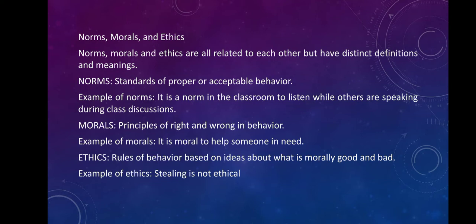The example here is, it is a norm in the classroom to listen while others are speaking during a class discussion. For example, let's assume there is a debate taking place in the class. Usually there will be a lecturer, and they will inform you to keep quiet and listen to the person who is talking.